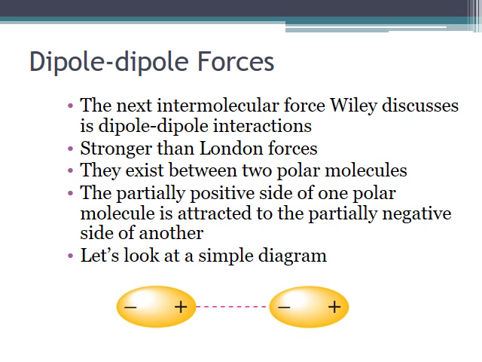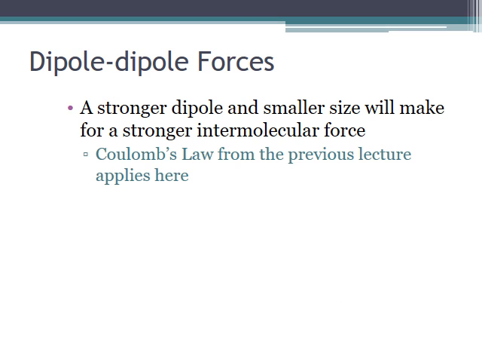Here's a very simple diagram. Negative and positive attracted to each other. A lot of chemistry is explained by that phenomenon. So a stronger dipole and a smaller size makes for a stronger intermolecular force. In the previous lesson we talked about Coulomb's law.